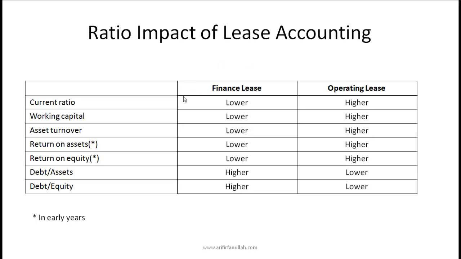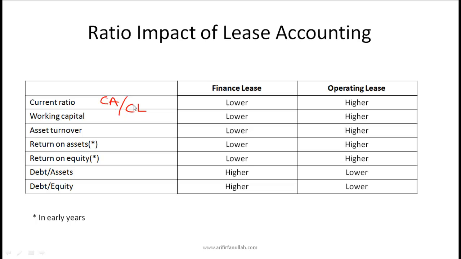With a finance lease, the current ratio should be lower, and the reason is current ratio, as you've seen before, is current assets divided by current liabilities. What's happening here is a slightly subtle point.